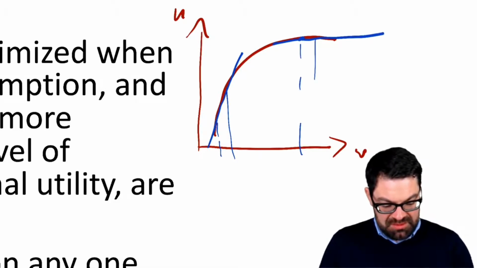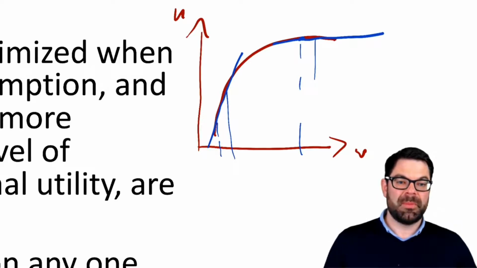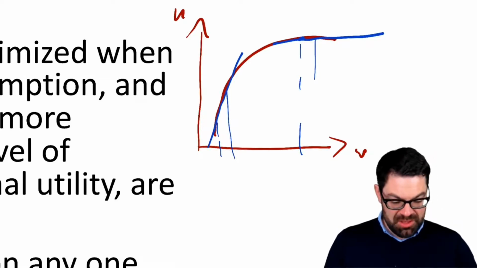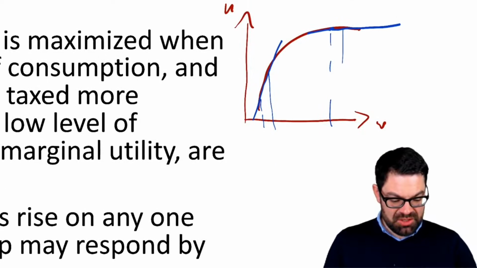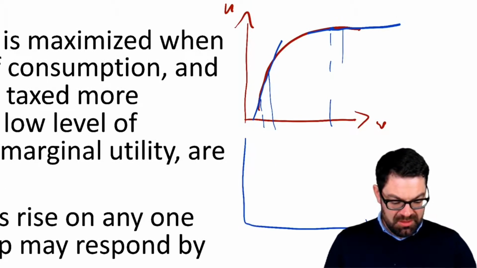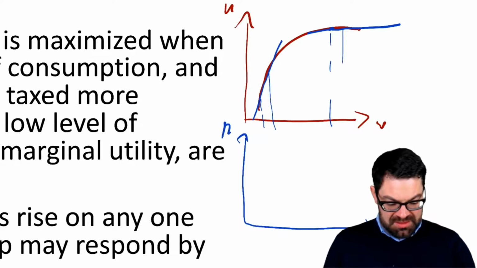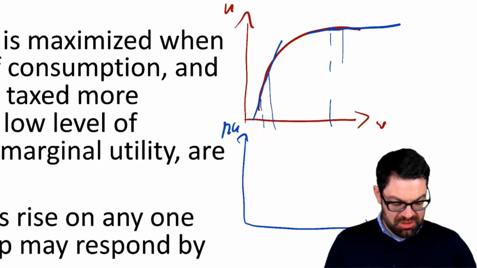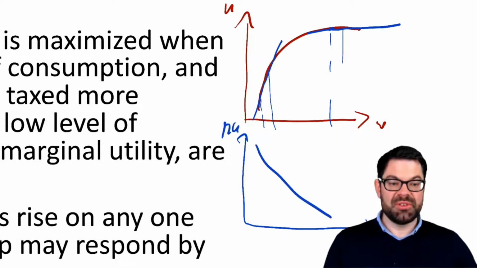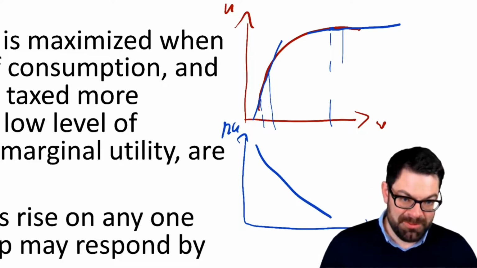So that curve is very flat. This is what we know as decreasing marginal utility. If we rather want to have the marginal utility as a function of wages, we would have some sort of downward sloping curve.